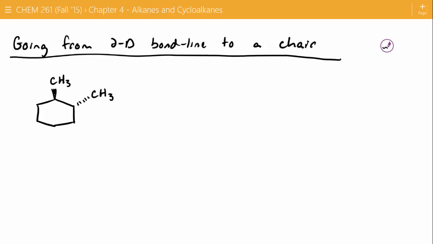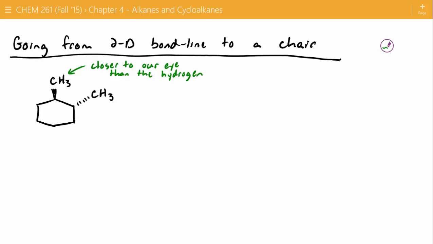It's just like if we're looking at this straight down. What we need to do now is assess what's going on here. So the top CH3 is closer to our eye than the hydrogen attached to the carbon.